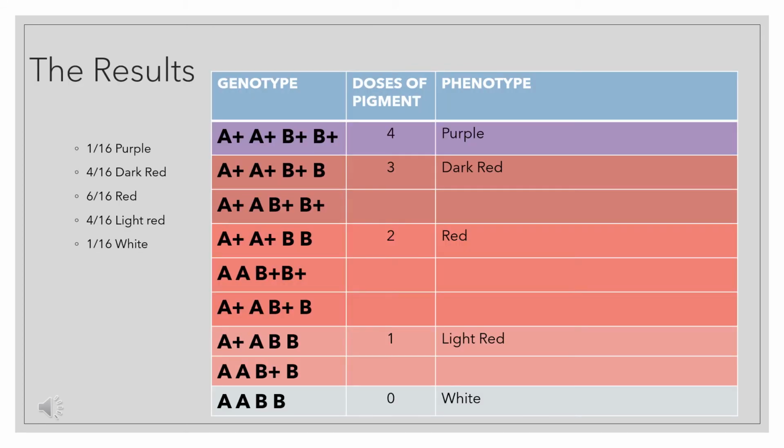Here on this slide, we have the results of the Nielsen cross. You have the ratios, which are a little bit different from the dihybrid cross from the last chapter. But I made a little chart that has the phenotypes and the genotypes and how many doses of pigment each have. So, for example, you can have a dark red plant with two different phenotypes.